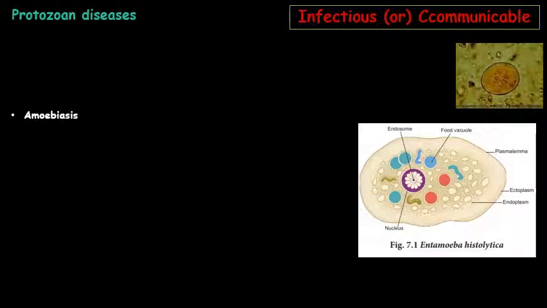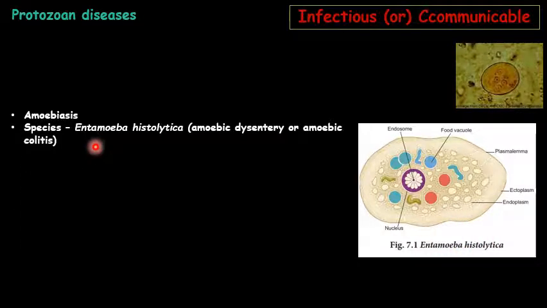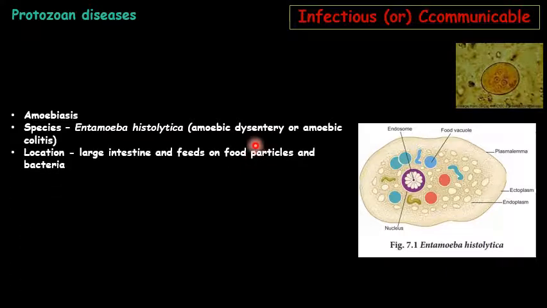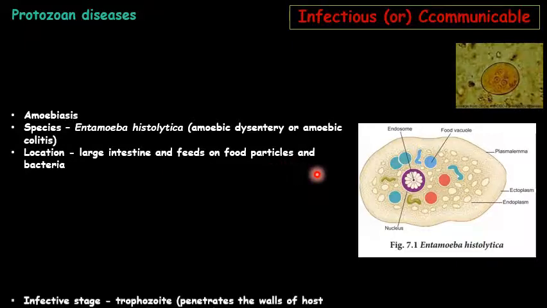So as I told you, the disease caused by this Entamoeba histolytica is known as amoebiosis, and commonly it is known as amoebic dysentery or amoebic colitis. It starts affecting the large intestine and feeds on food particles and bacteria present in our gut.